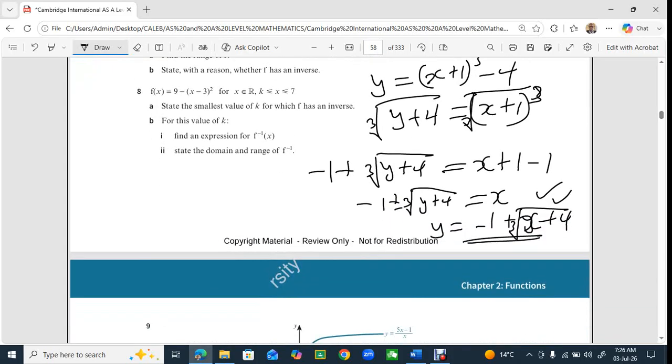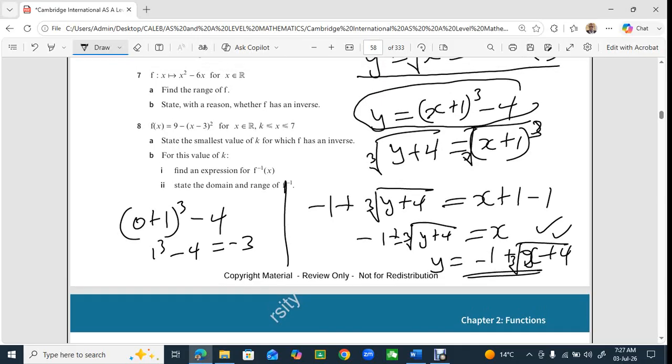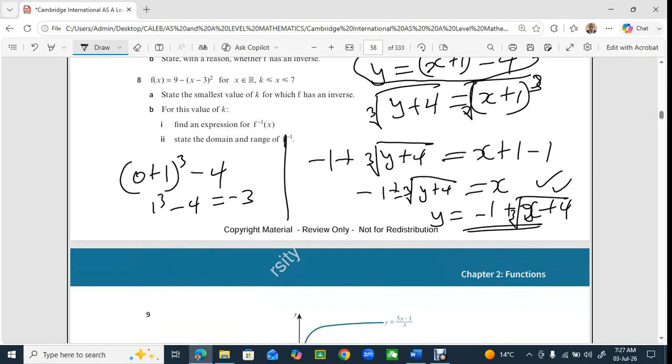From our function, here is our function. So we need to get the range of that function where now we say 0 plus 1 cubed, then minus 4. Good. We get 1 cubed minus 4, which is equivalent to negative 3. So our range now is y is greater or equals to negative 3. Well done. This is beautiful.